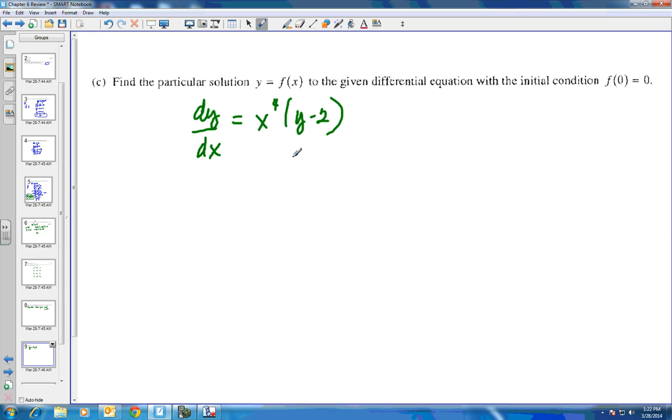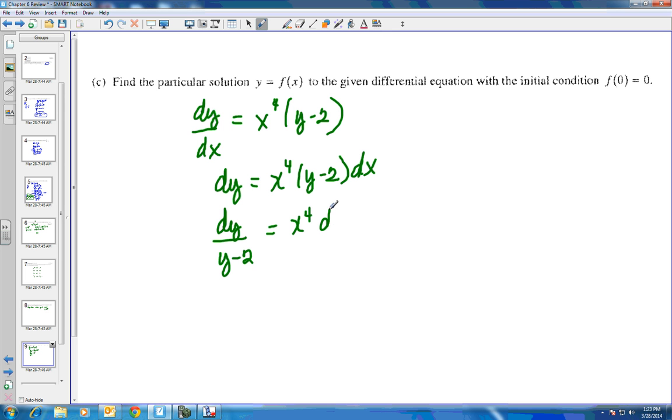The first thing I have to do is separate my variables. So I have dy equals x to the 4th, y minus 2 dx. And then what do I need to do? Divide by y minus 2. So I have dy over y minus 2 equals x to the 4th dx.